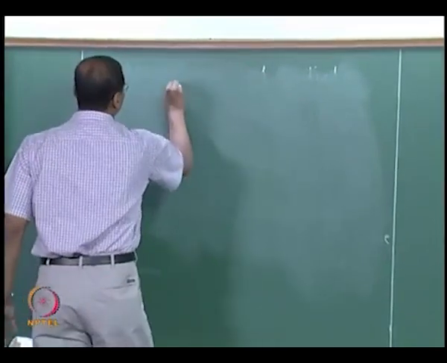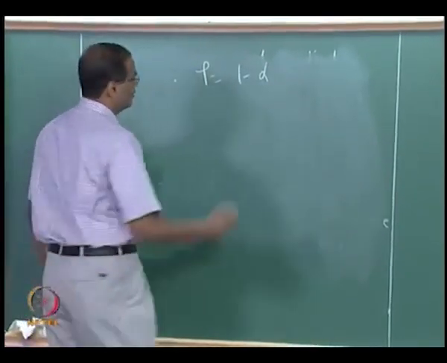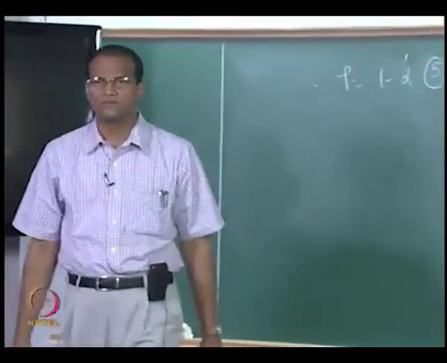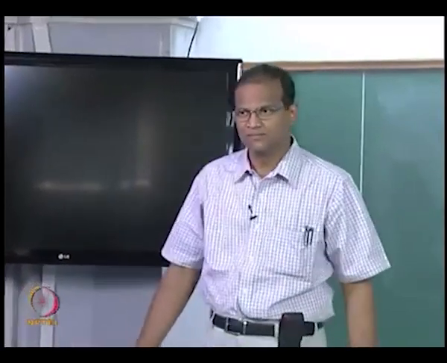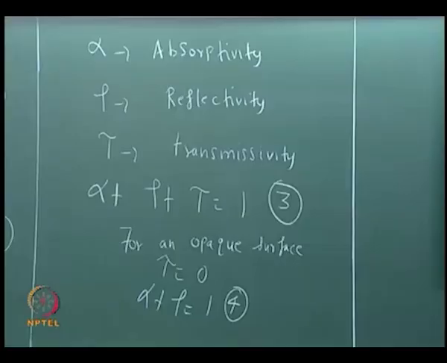therefore alpha plus rho equal to 1. So what then remains? What is the logic behind all this? Okay, we did some energy balance, we introduced some quantities, all that is fine.